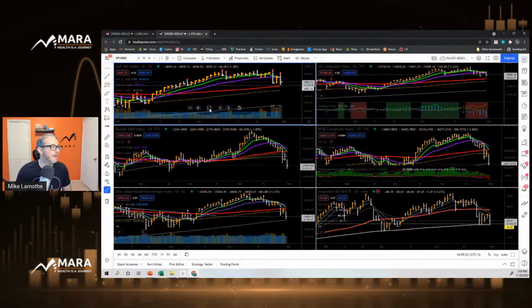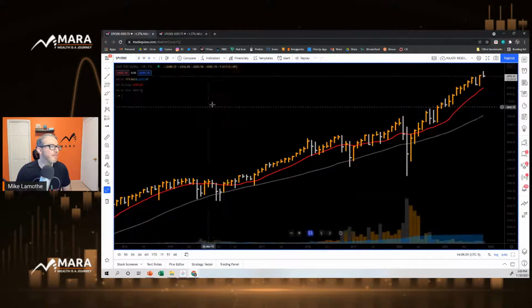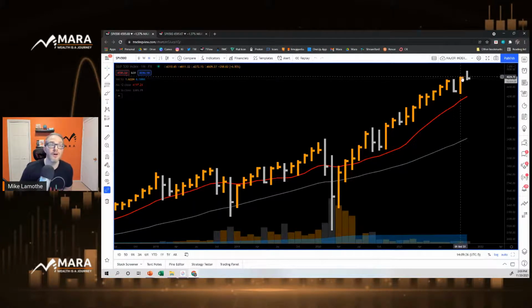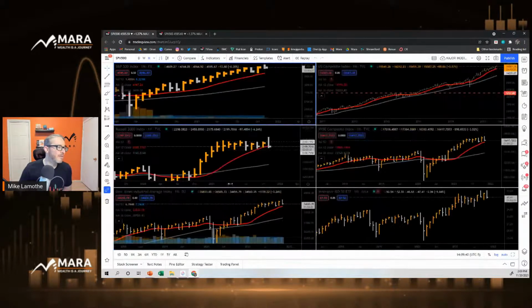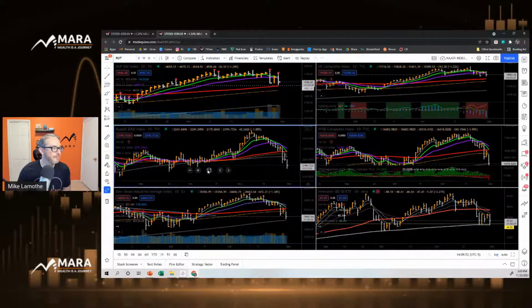Here's a daily chart of the S&P 500. Here is a monthly chart of the S&P 500. The monthly doesn't quite look as bad, right? You broke into fresh all-time highs. You're at the low of the range, but as far as the daily chart goes, it looks kind of gnarly, a definite change in character from what it was back here. How about the Russell?